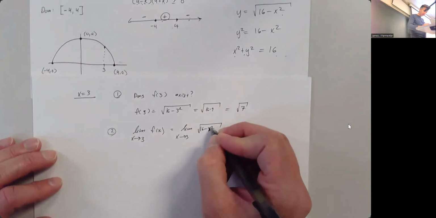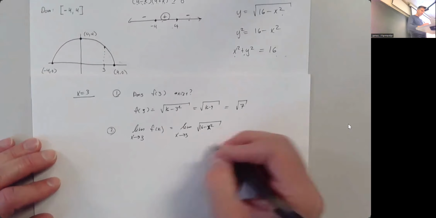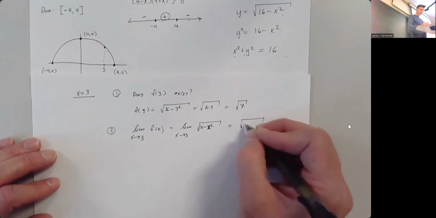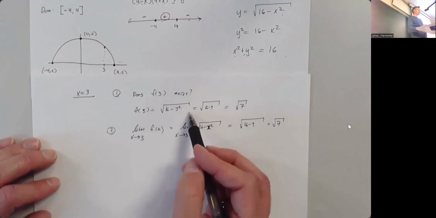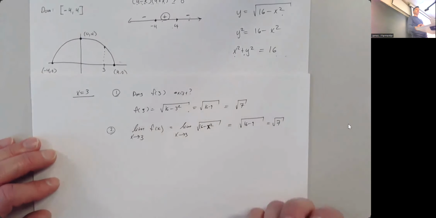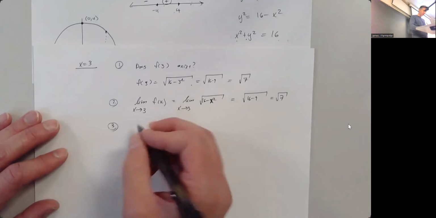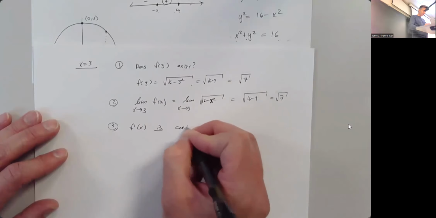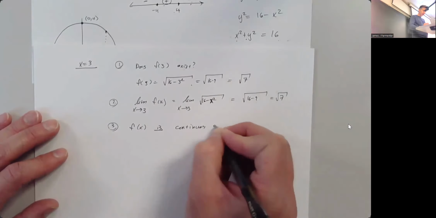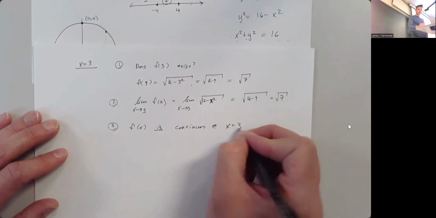I'm making the mistake I keep trying to tell you all not to make. And then we can plug in the 3 and get the square root of 16 minus 9, which is the square root of 7. So the function exists, the limit exists, and are they the same? For sure. So certainly f of x is continuous at x equal to 3.